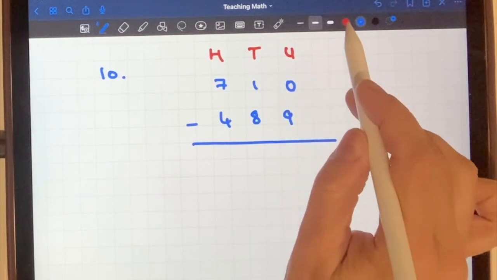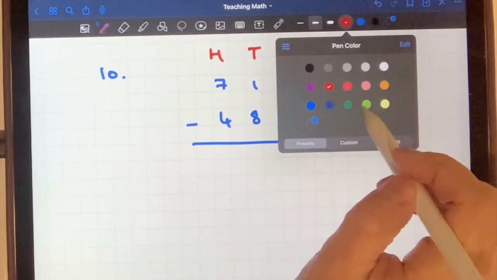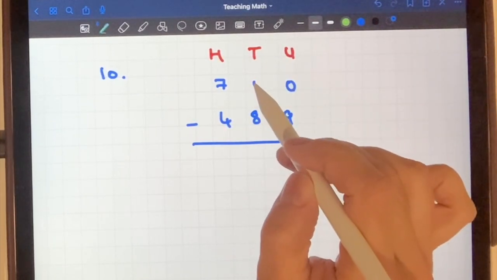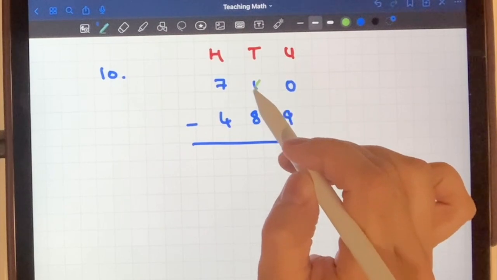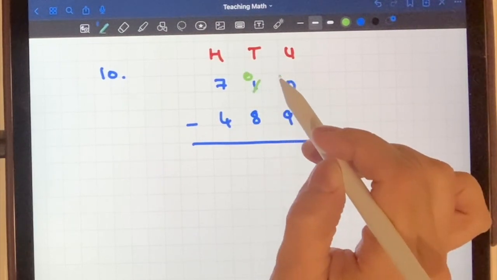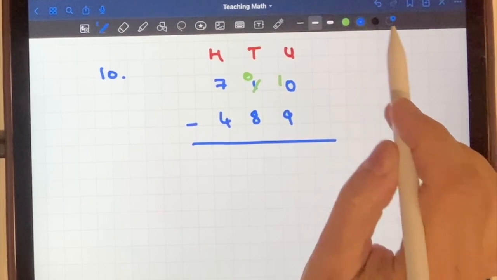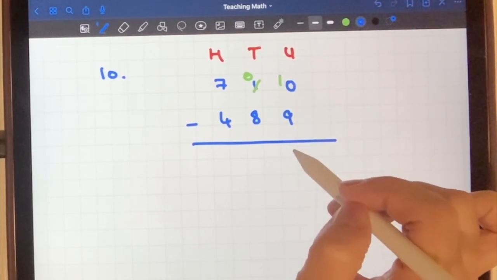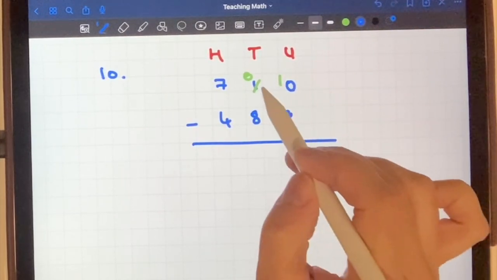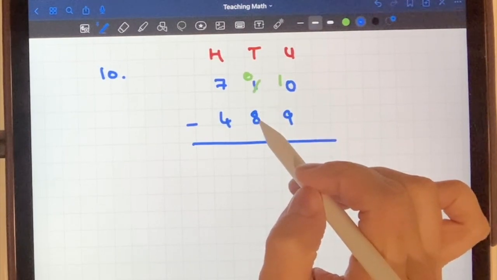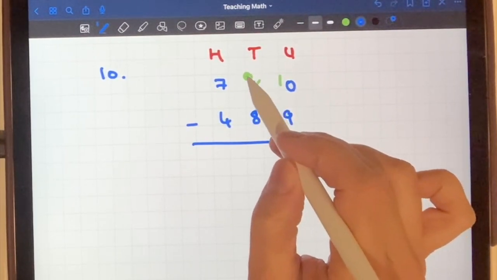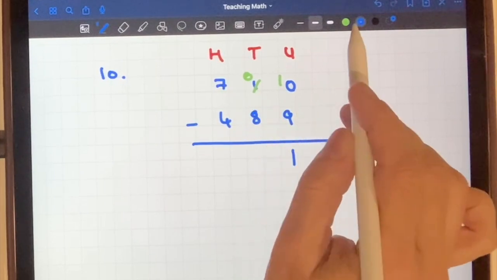I go across. There is a 1 there, so I can borrow it. So this becomes a 0, and there's the 1 that I've borrowed. So 10 minus 9 is 1. Now I've got 0 minus 8. I can't do that, so I need to go next door and borrow 1.